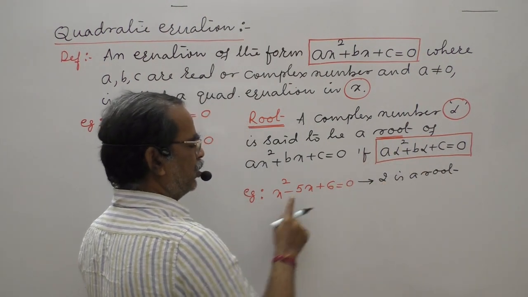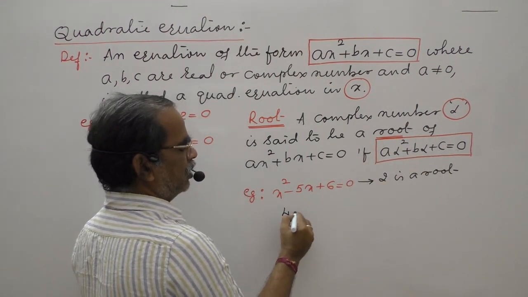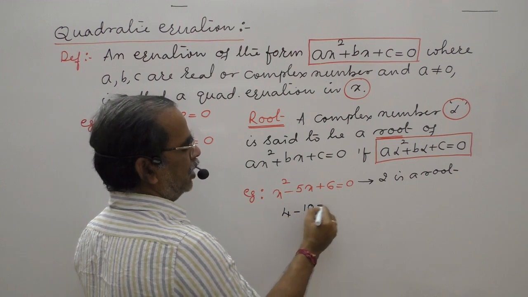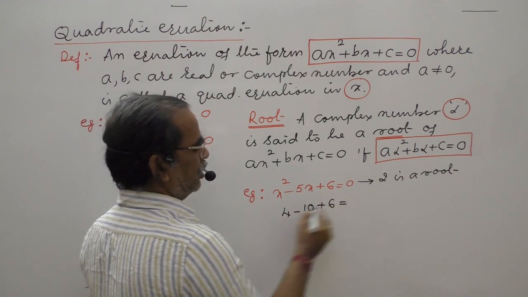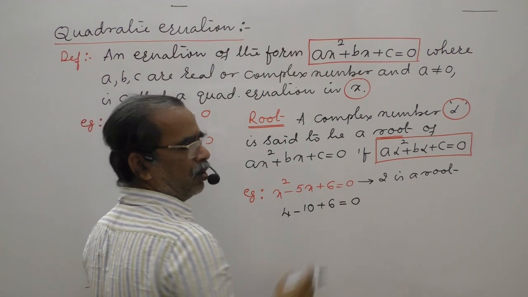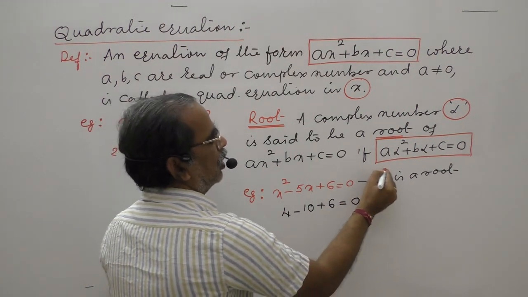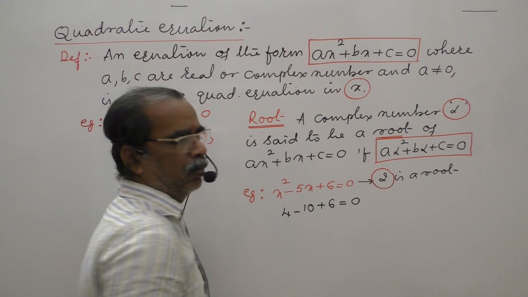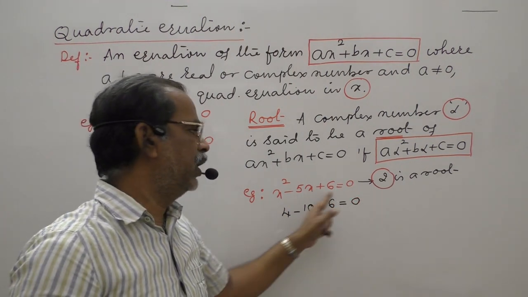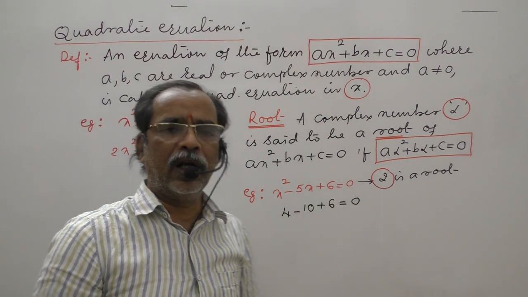Here, if you substitute 2, 2 square is 4, 5 into 2 is 10, plus 6. What is this? Clearly 10 minus 10, 0. Therefore, the number 2 is satisfying this. Therefore, it is called a root.